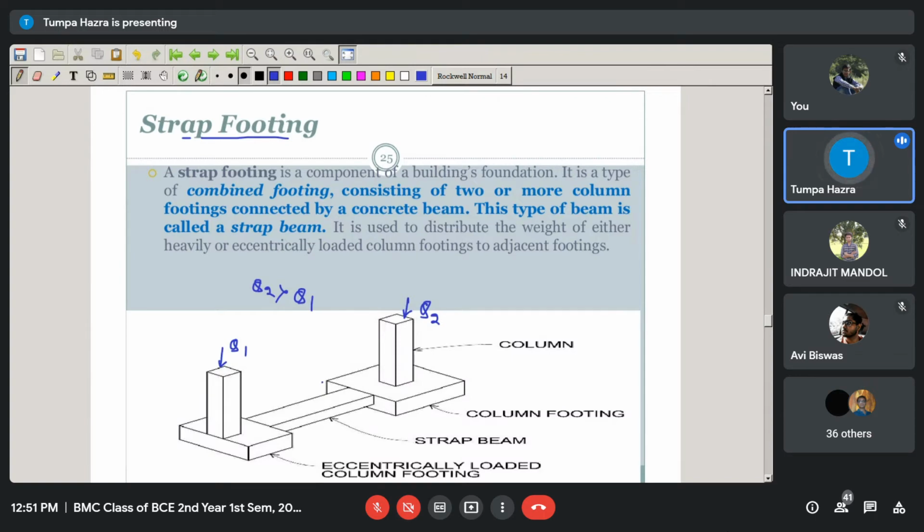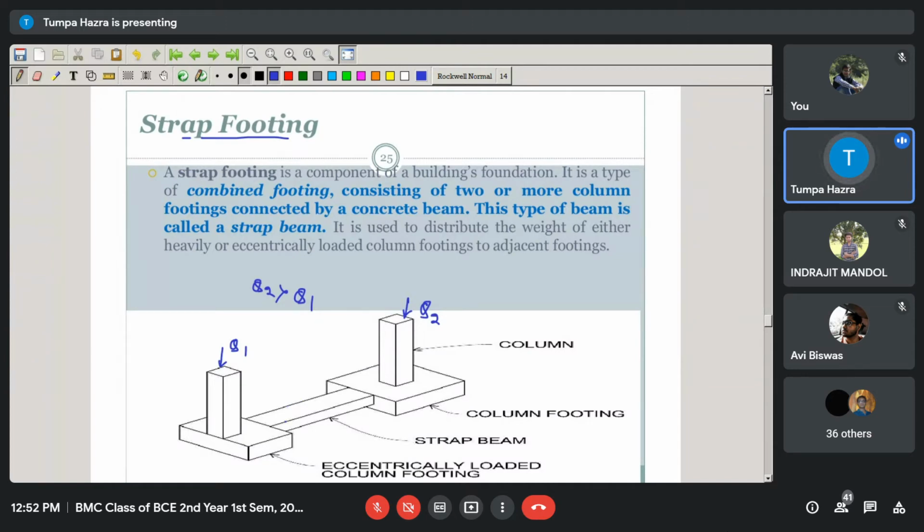Therefore you would have to construct a trapezoidal combined footing, but the distance between the columns is very large, so the combined trapezoidal footing would become quite narrow with high bending moment.